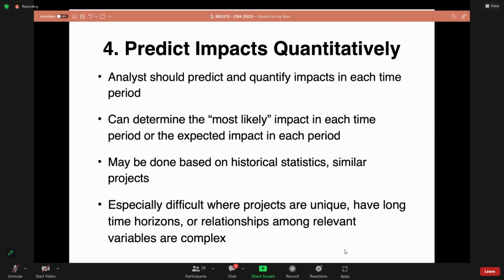You can do this either based on, say, available historical statistics or similar projects that might have been undertaken in other places. But if you have a project that is very unique, the first time that you're doing something, or have a very long time horizon with, say, complex interrelationships among different costs and benefits, then it can be quite difficult to predict these impacts.